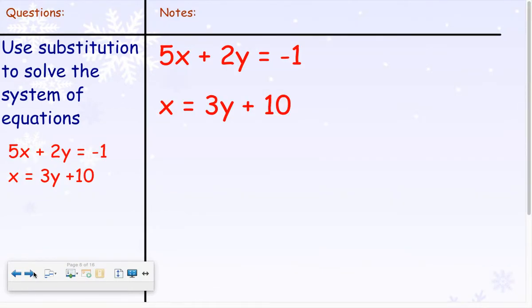All right, 5x plus 2y equals negative 1, and x equals 3y plus 10. So look for the variable all by itself and circle what it's equal to. So again, it's x, so we're going to plug it in for x. So we're going to replace x with 3y plus 10.